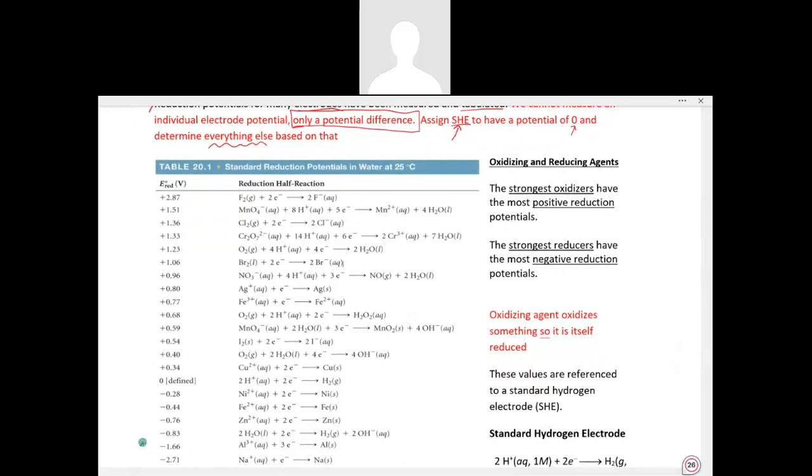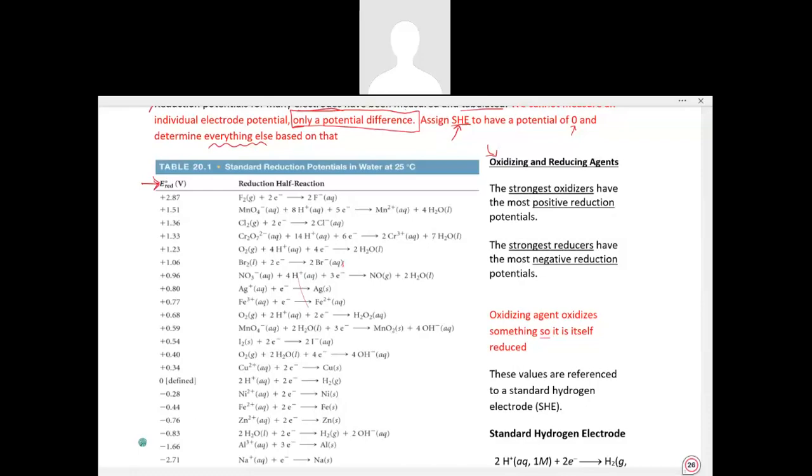So we know that we have oxidation and reduction reactions happening at the same time. We also know this term oxidizing and reducing agents. Based on the calculated cell potential here, the reduction cell potential, we can find some good oxidizing agents, some good reducing agents.